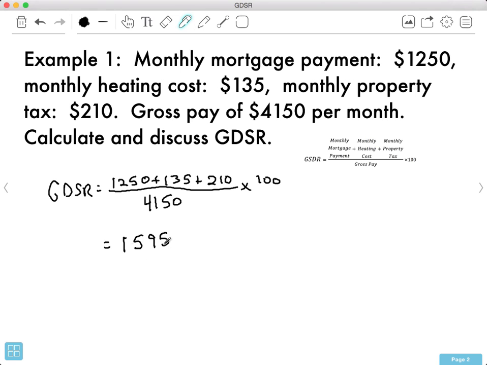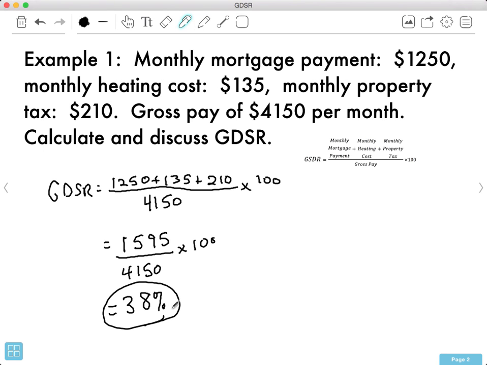That's how much per month you're going to pay in house-related debt. And we're going to divide that by our gross pay times 100. And when you do that, so 1595 divided by 4150 times 100, just like it sounds on your calculator, we get, and I'm rounding off, 38%.